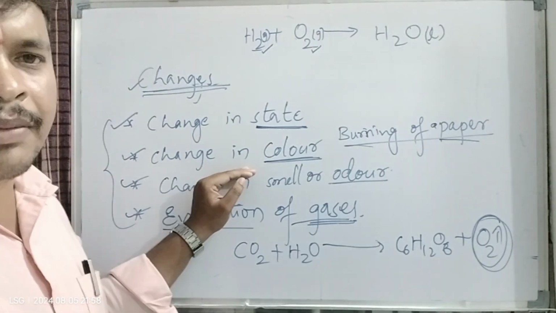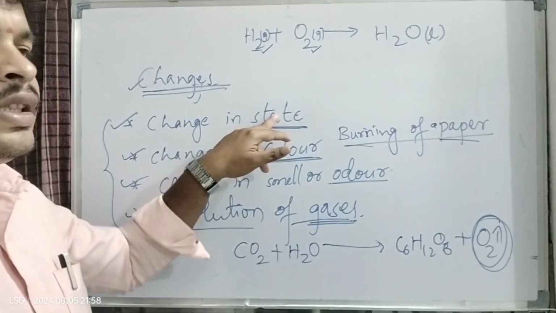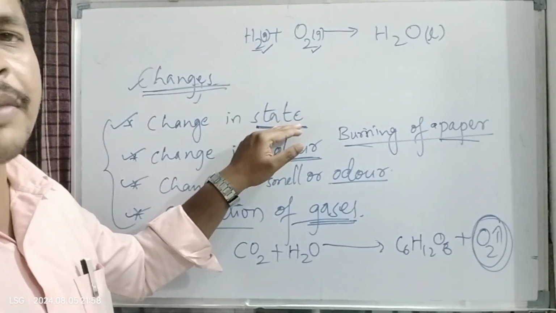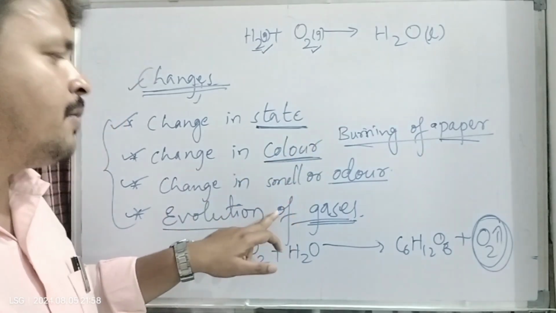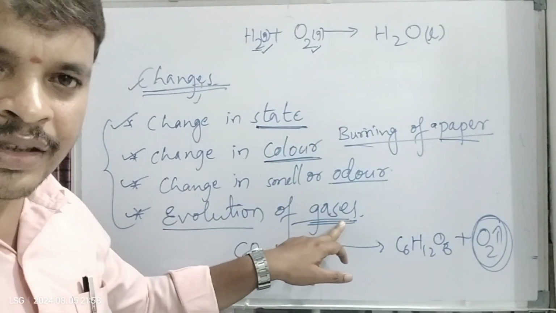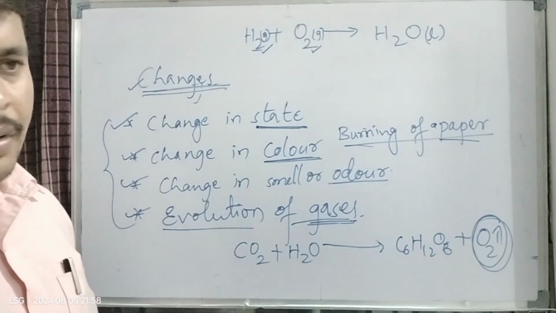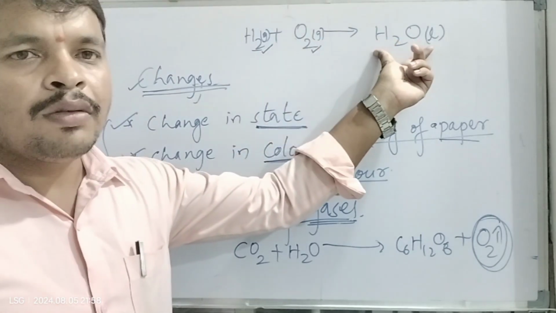Then the question can be asked: during a chemical reaction, does only change in state of matter take place, or any other? In some chemical reactions change in state takes place, in some evolution of gases takes place. It depends on the chemical reaction. See here, when hydrogen and oxygen combine, what are we getting?